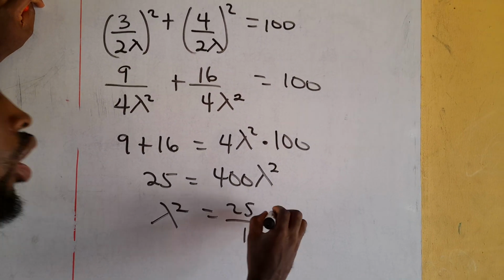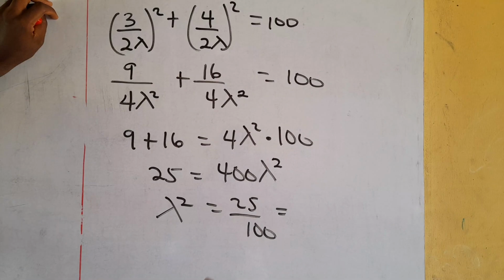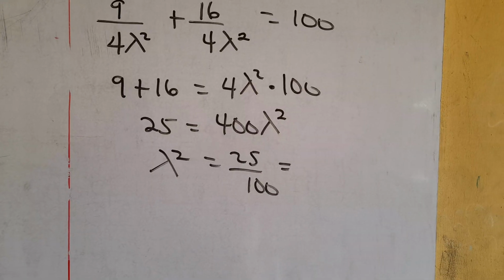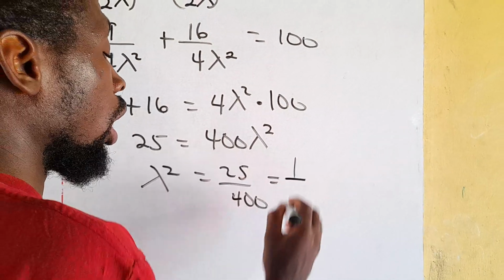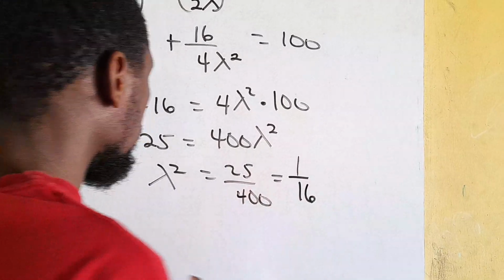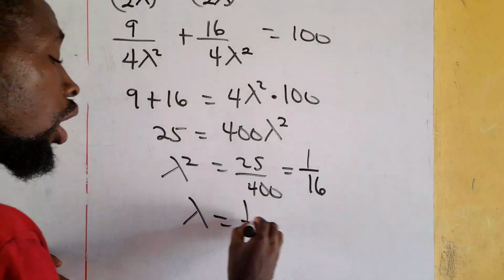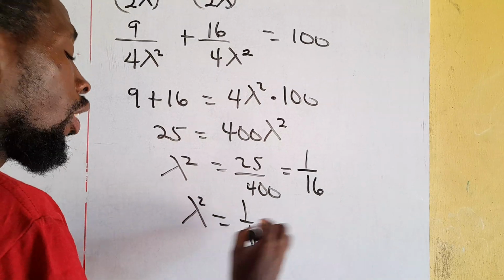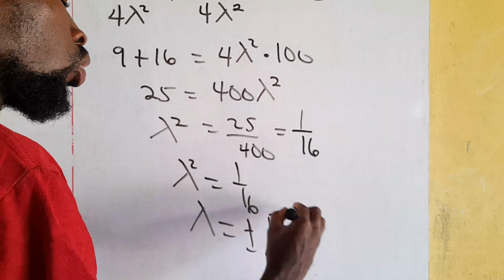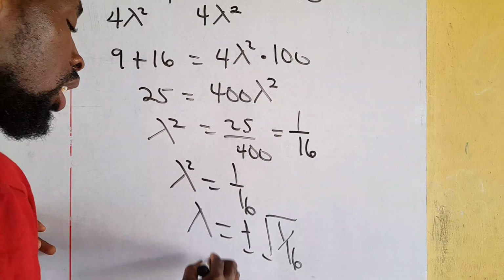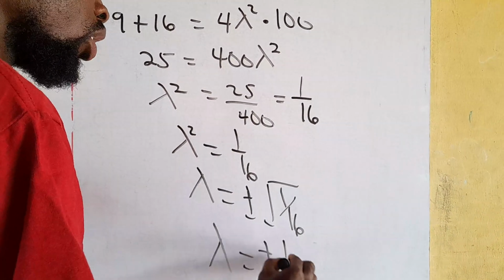And 25 over 400 will be 1 over 16. So lambda squared is equal to 1 over 16. Our lambda will be equal to plus or minus the square root of 1 over 16. Lambda will be equal to plus or minus 1/4.